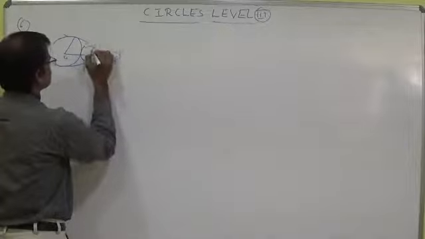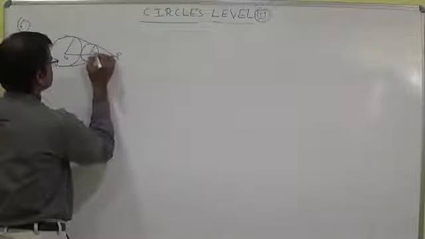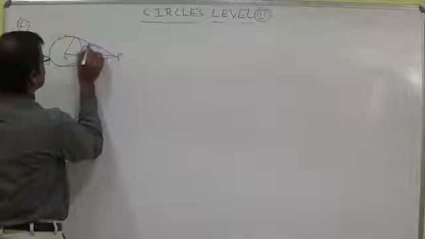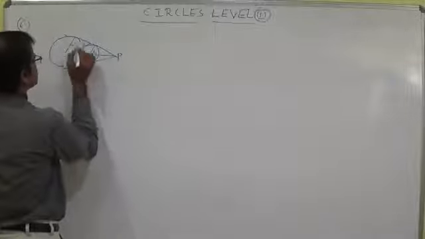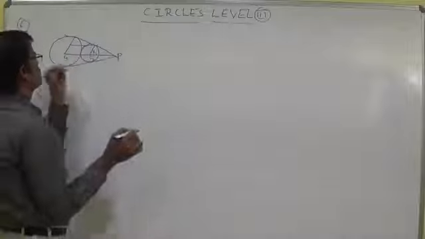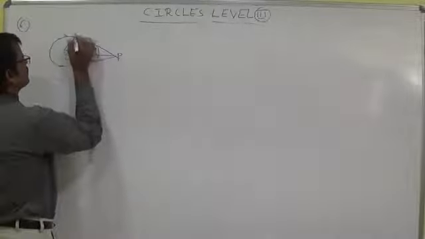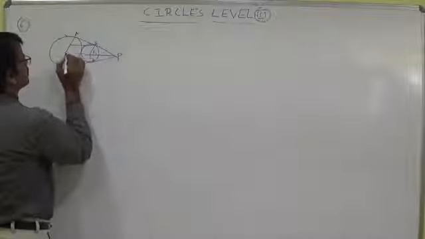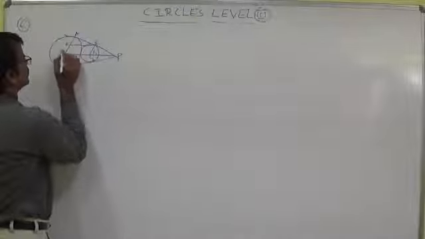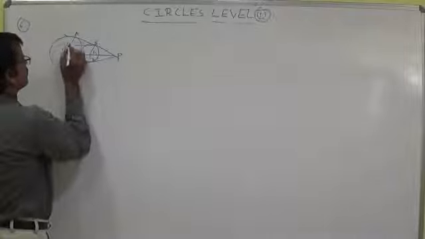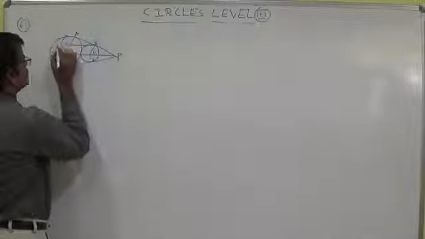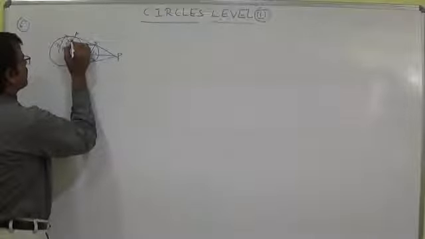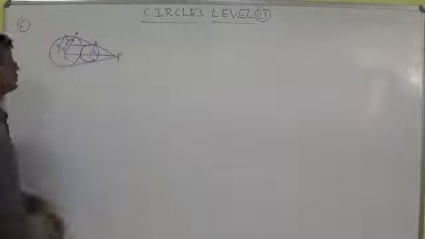This is R2 and this is R1. If you join a line like this, the point of contact is A. Put here A, this is B, this is P. So this is R2 and this full is R1. You can write this one as R1 minus R2.